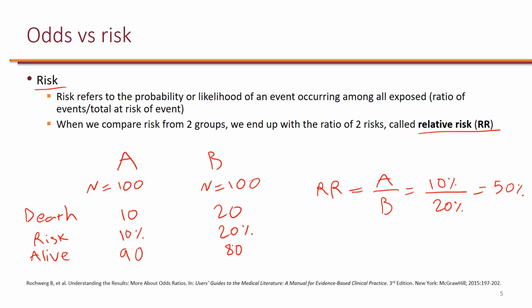So now we can actually calculate the odds of dying in each group. In group A, the odds of dying is 1 to 9. And in group B, the odds of dying is 2 to 8.